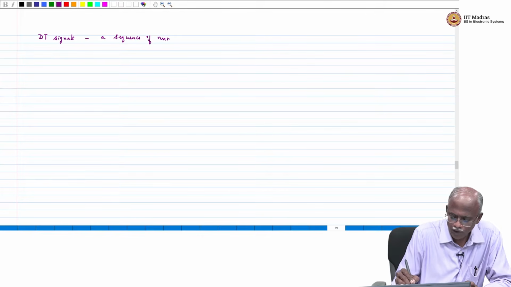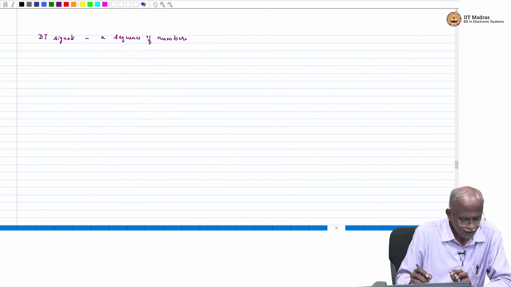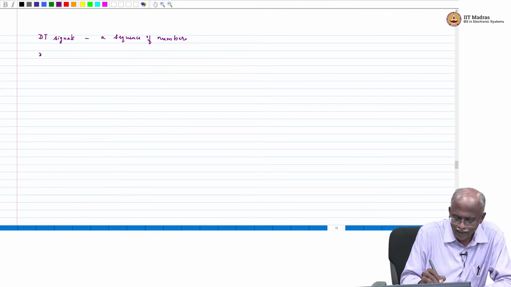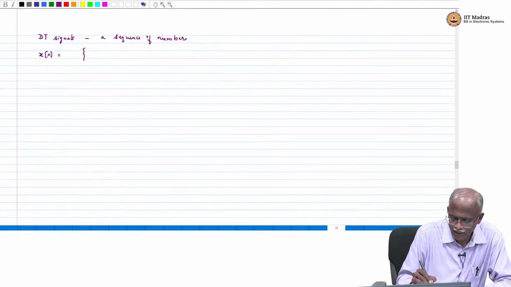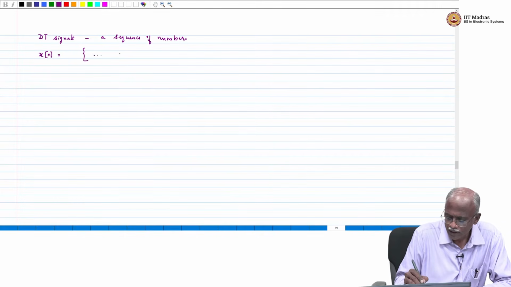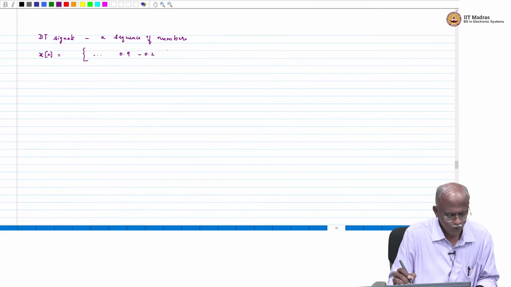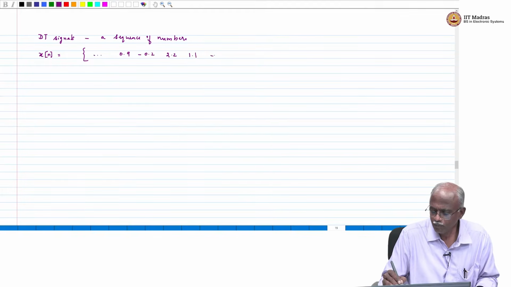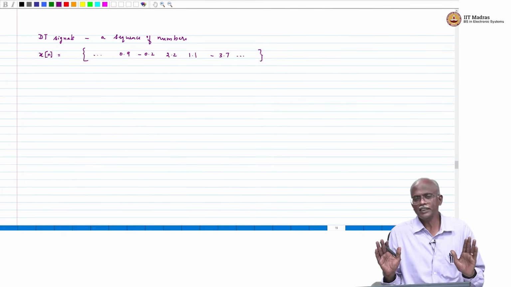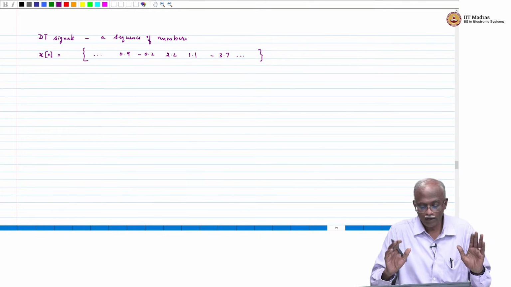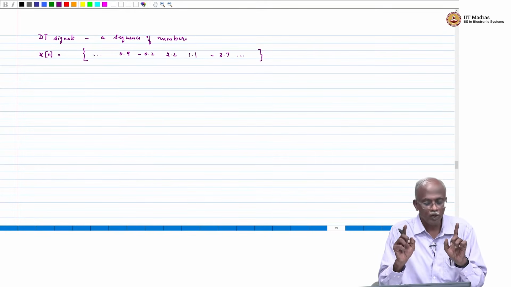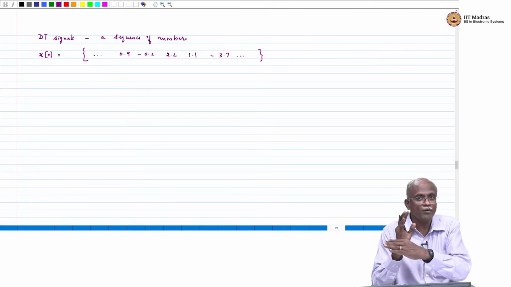So, if I were to ask you, does this qualify as a discrete time signal? I give you a sequence of numbers: 0.9, minus 0.2, 2.2, 1.1, minus 3.7, dot dot dot. Is this a discrete time signal? Yes. Do we have all the information? No, because we don't know the time index.